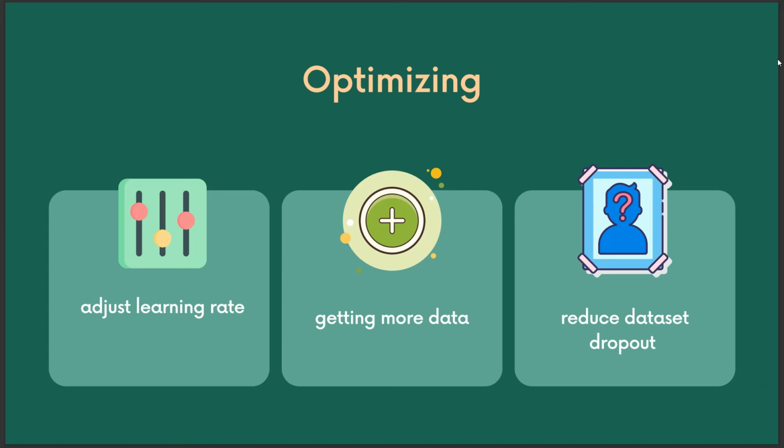Last, we are having reduce dataset dropout. Now if you remember, in part 4 we discussed this: unless you figure out which are the missing data, you won't be able to get accurate answers.